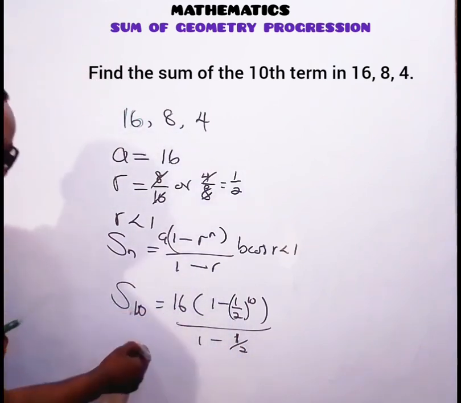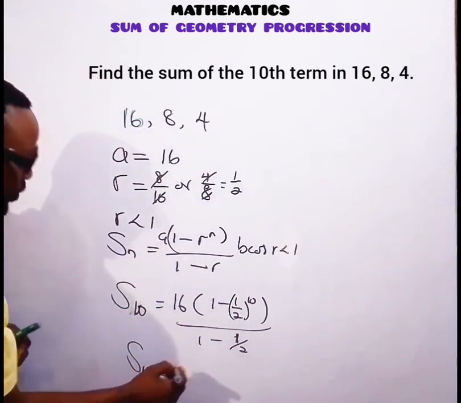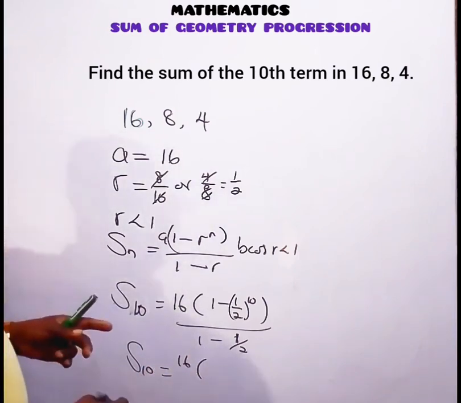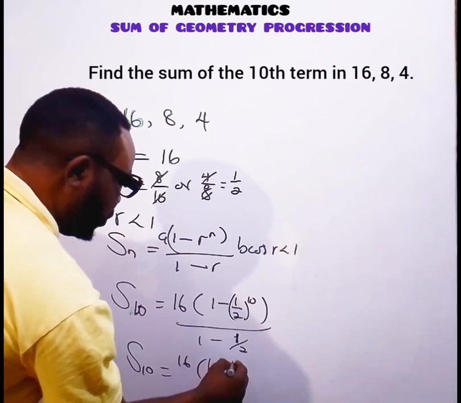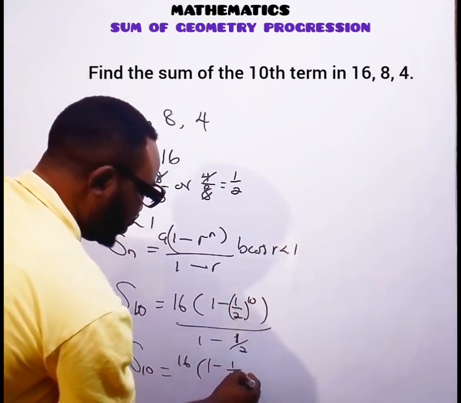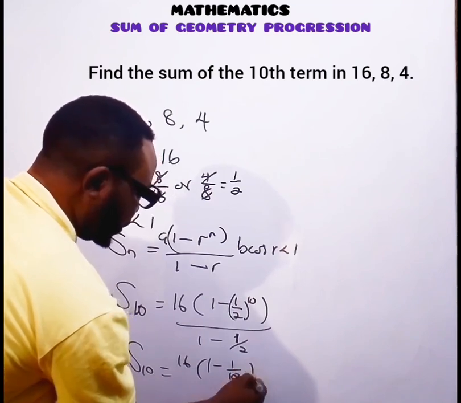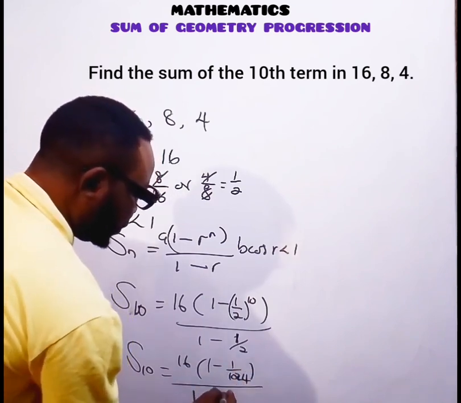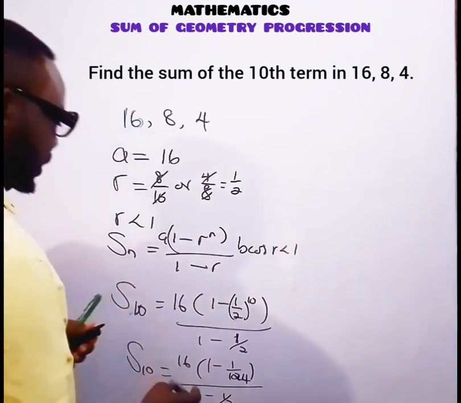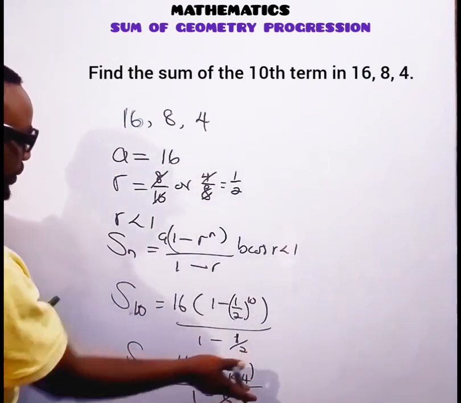We have the sum of the 10th term equal to 16 into bracket 1 minus 1 over 2 raised to the power 10. 2 raised to the power 10 is 1024. So 1 minus 1 over 1024, all over 1 minus 1 over 2. Now, when you look at it, we are going to find the LCM of this particular value.